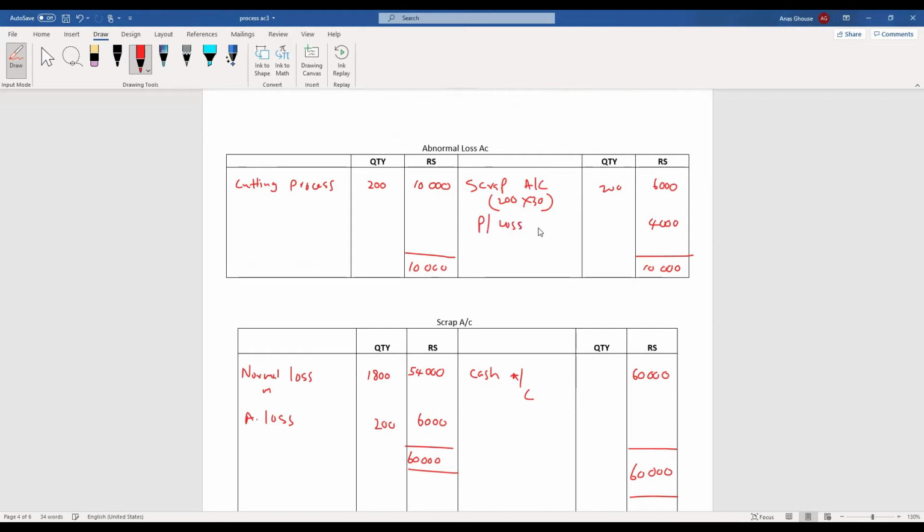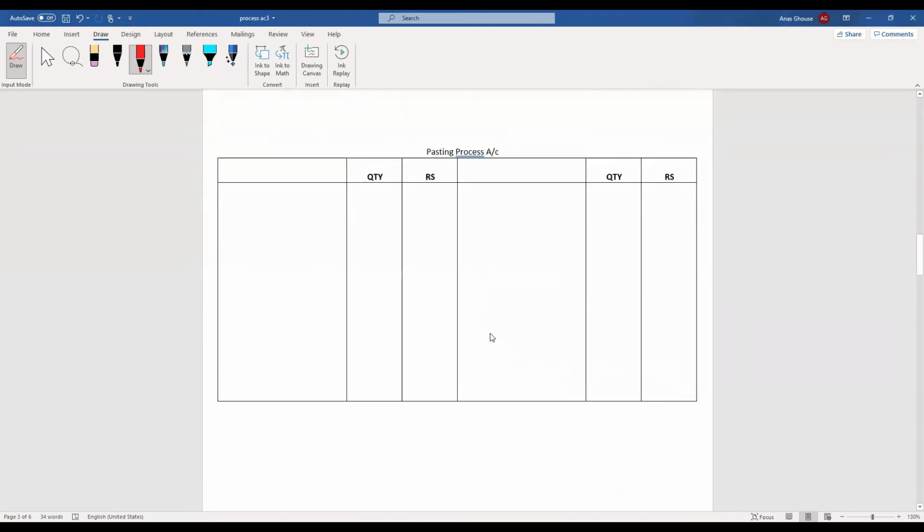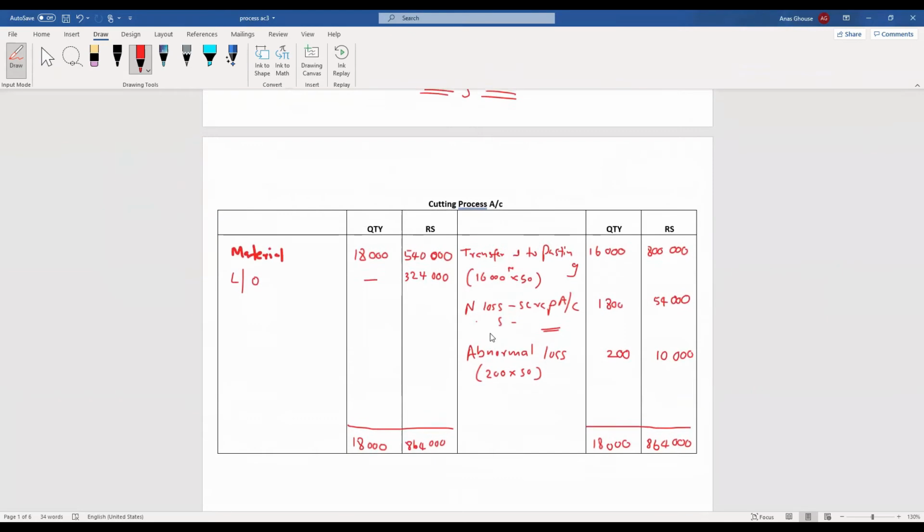This is the remaining loss. So these are the relevant accounts for the cutting process.